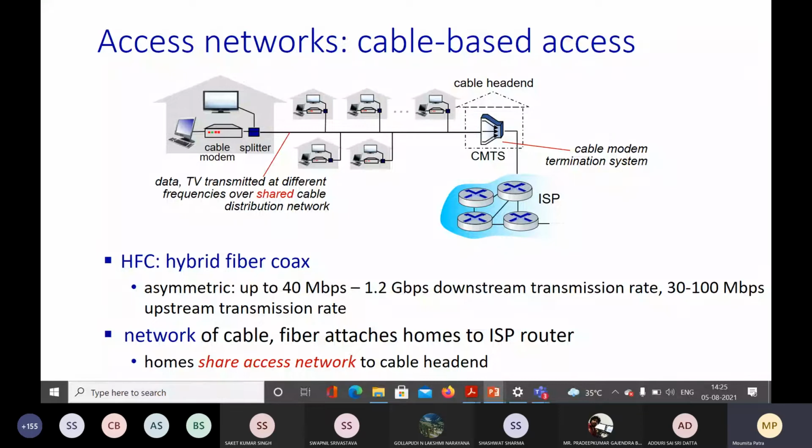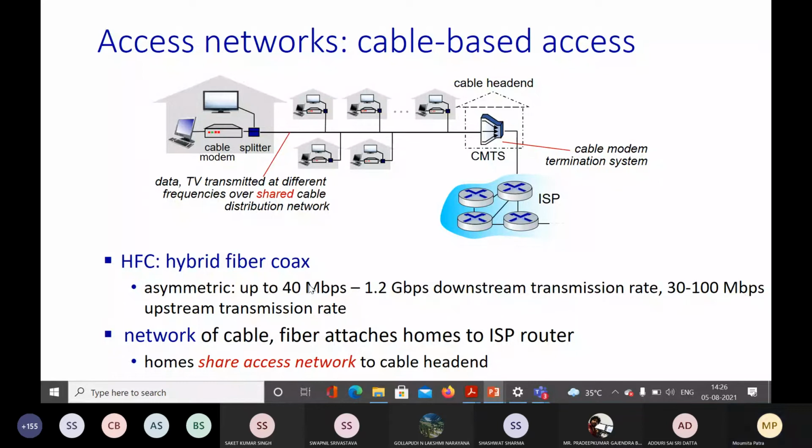This coaxial cable is going to provide 40 Mbps to 1.2 Gbps of transmission rate in the downstream, and 30 to 100 megabits per second in the upstream. Upstream means from your system to the ISP, that's uplink communication, and vice versa is the downlink or downstream communication.